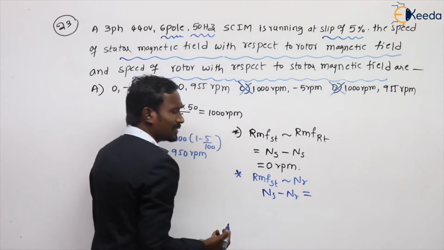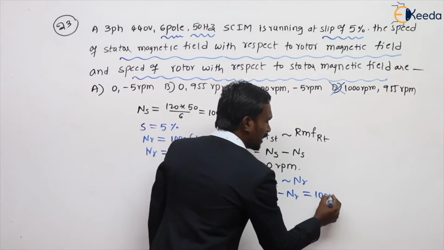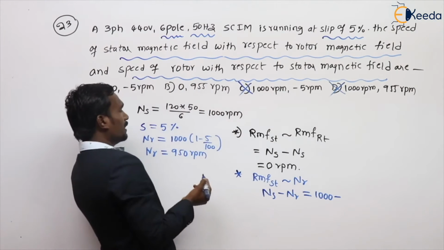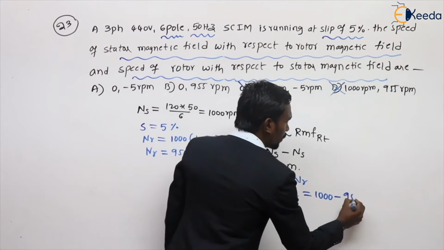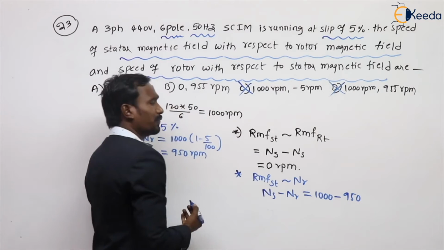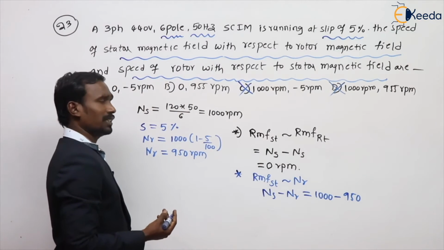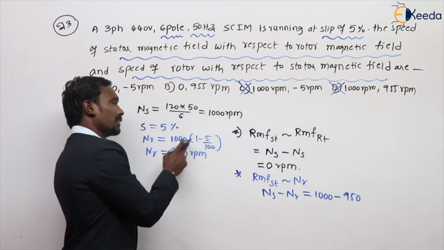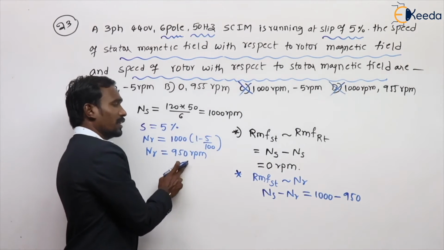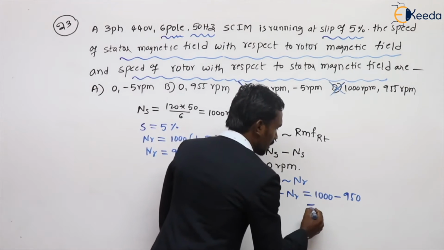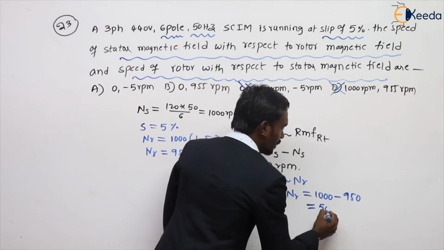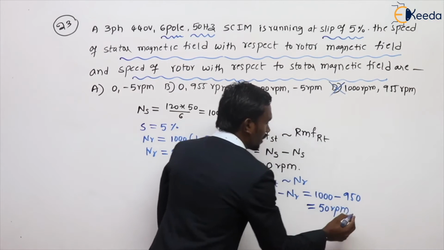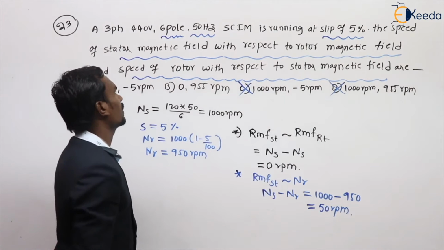What is Ns? Ns is 1000. What is Nr? Nr is 950 RPM, since 5% reduces, 5% is nothing but 50 reduces. So what is the answer? 1000 minus 950 is 50 RPM. The answer is 50 RPM, the second answer.